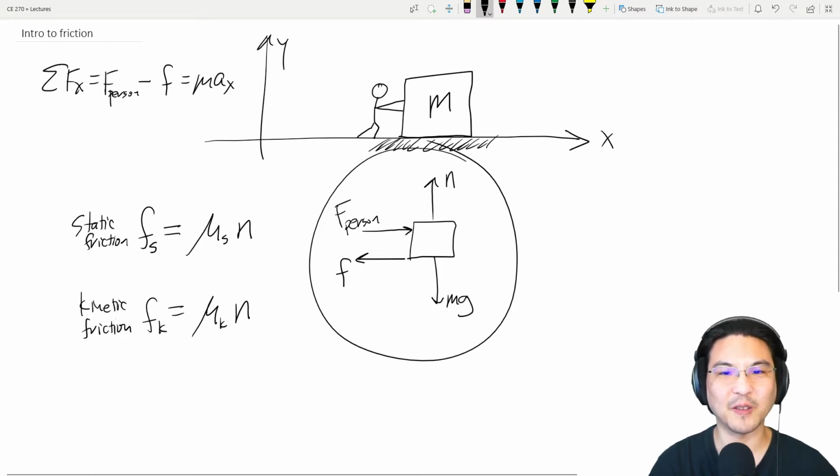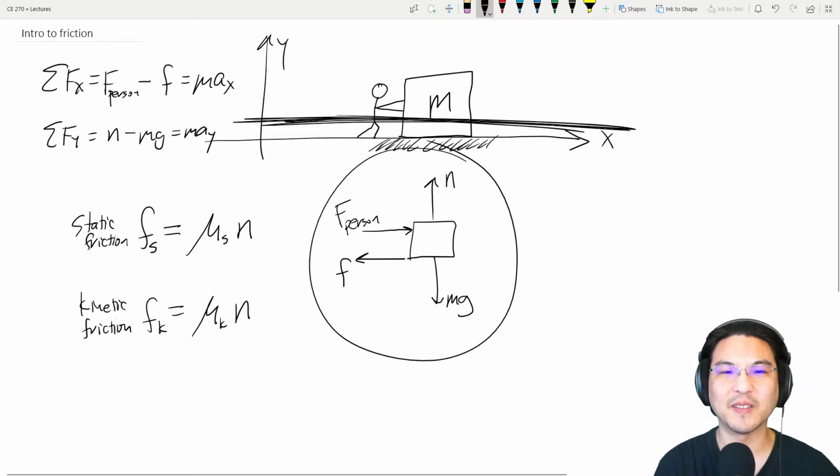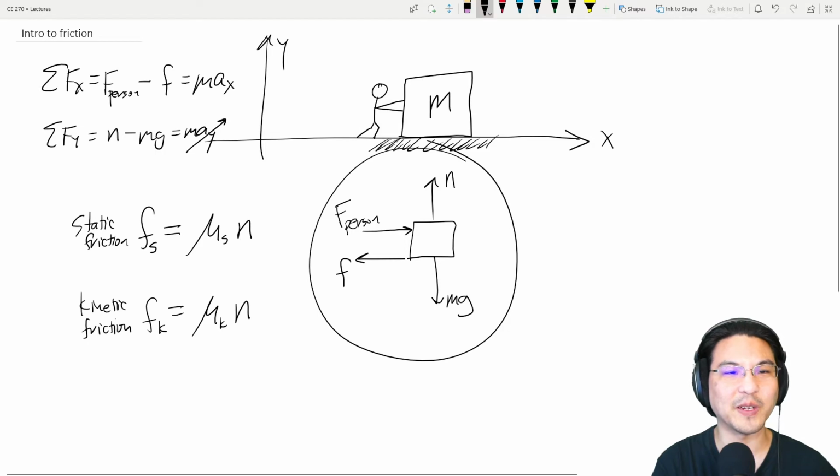Let's just focus on that. I'll write the Y component. Normal force minus weight equals mass times acceleration. So if there's only motion horizontally, there's no acceleration in the Y direction. So N equals mg, and then the friction is proportional to that normal force.